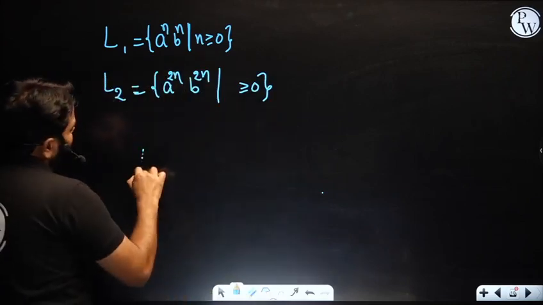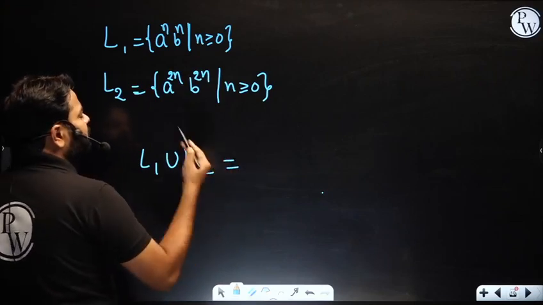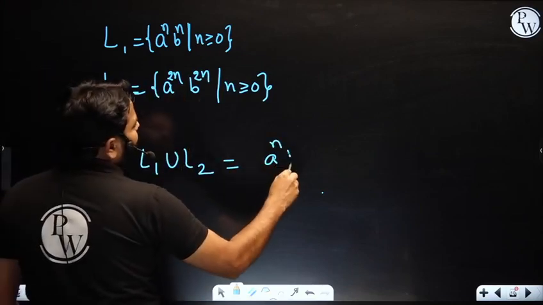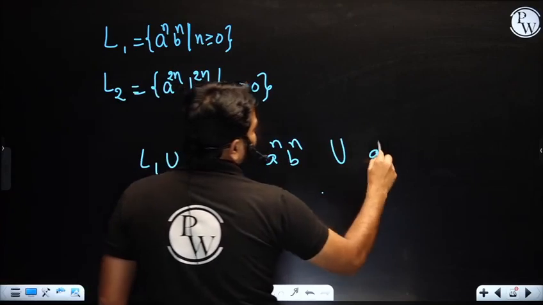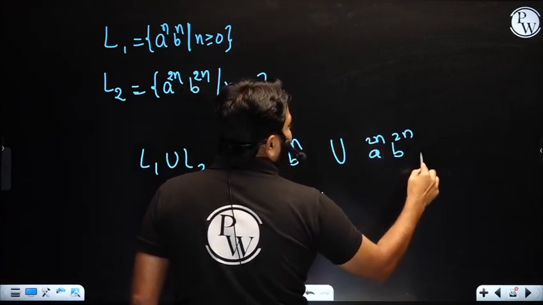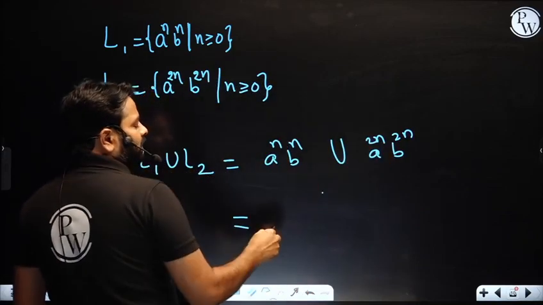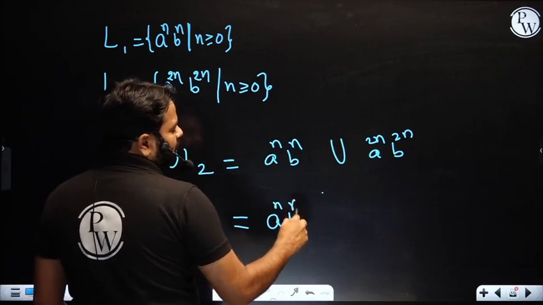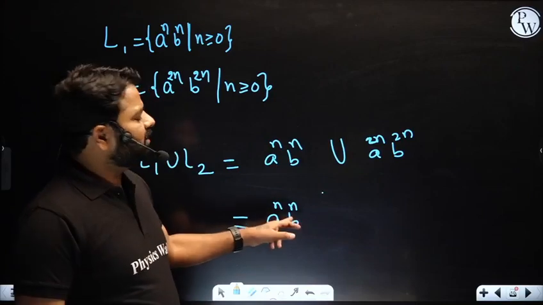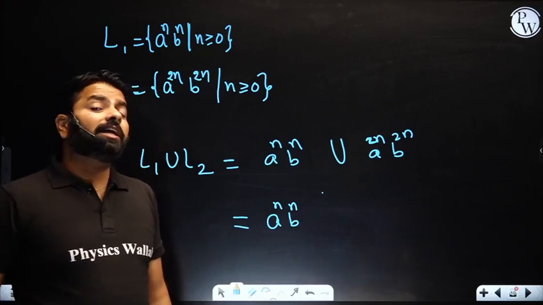When you perform L1 union L2, you get a power n b power n union a power 2n b power 2n. All these strings are already covered here, so you get a power n b power n. It is DCFL. So I told you just now that the union of two DCFLs need not be DCFL.